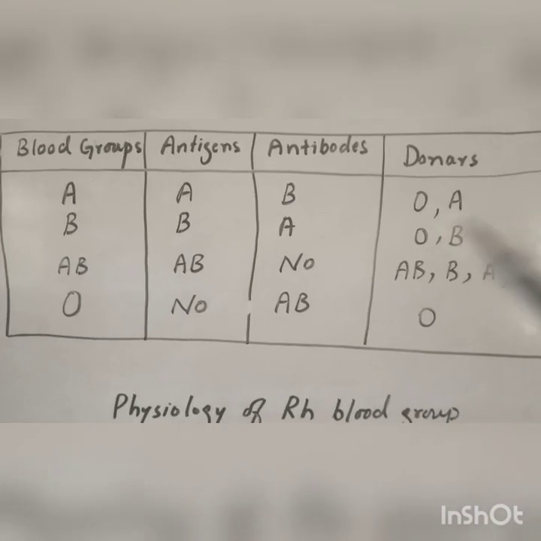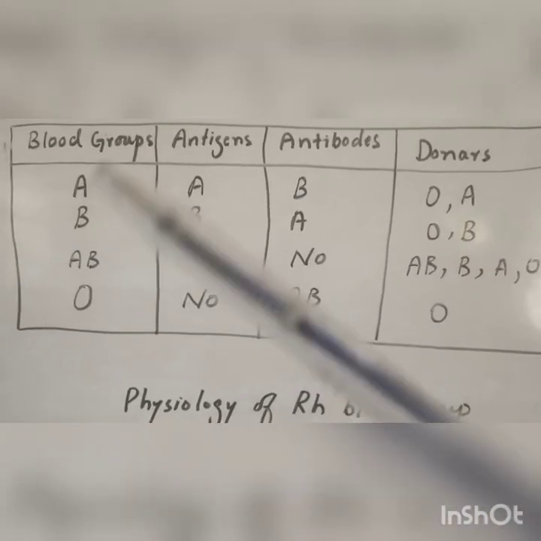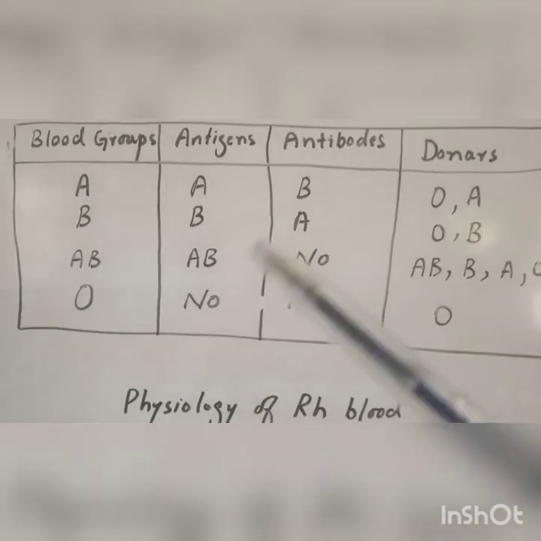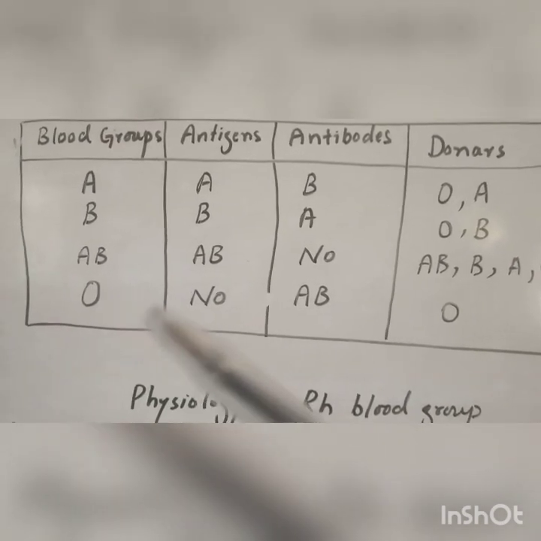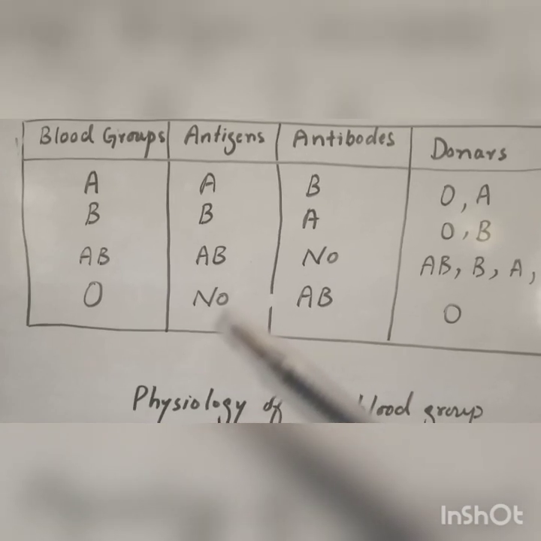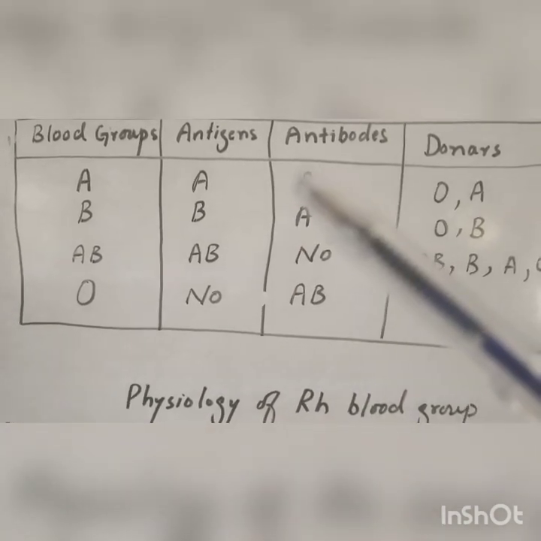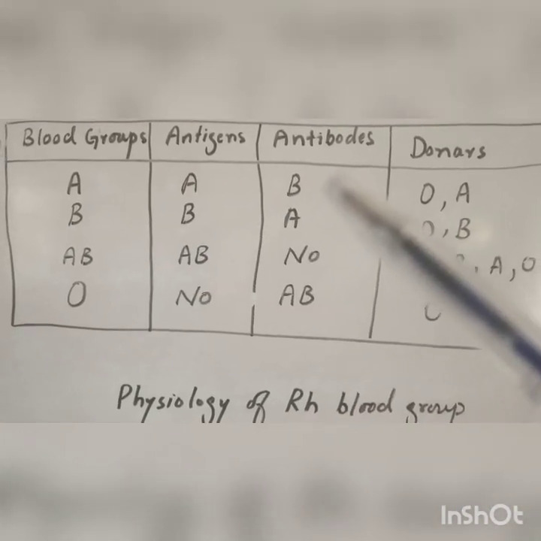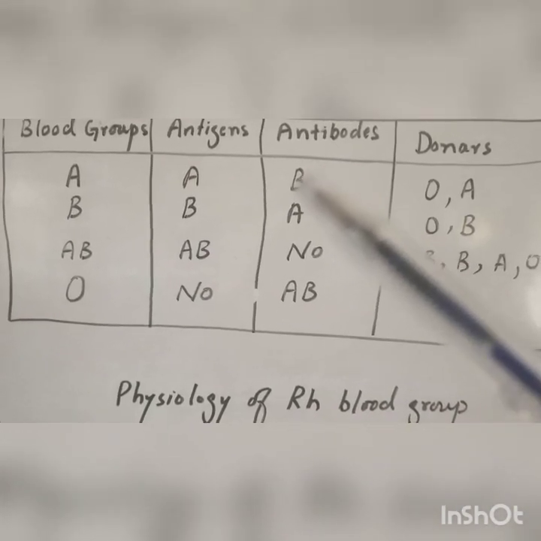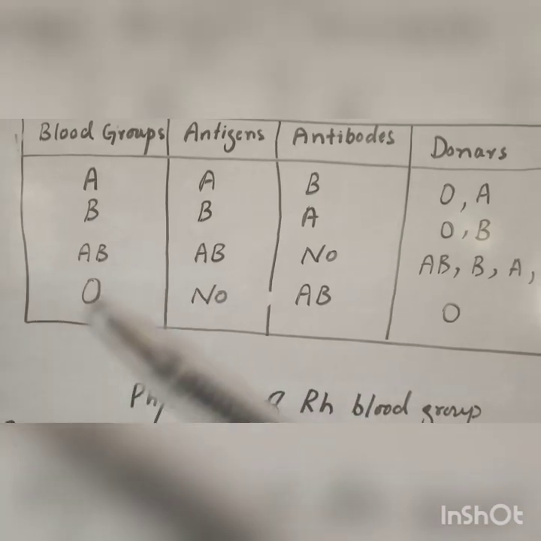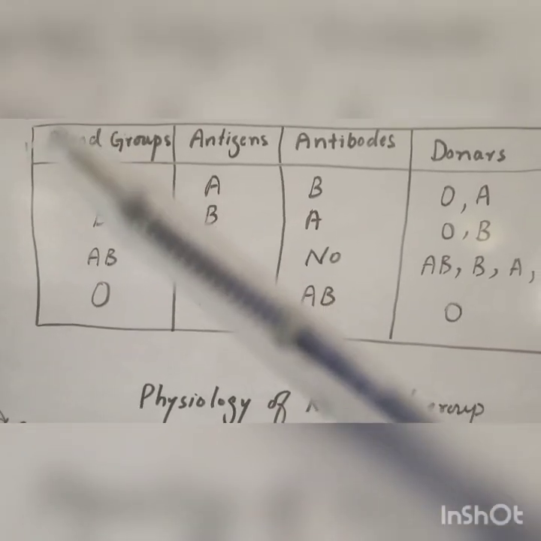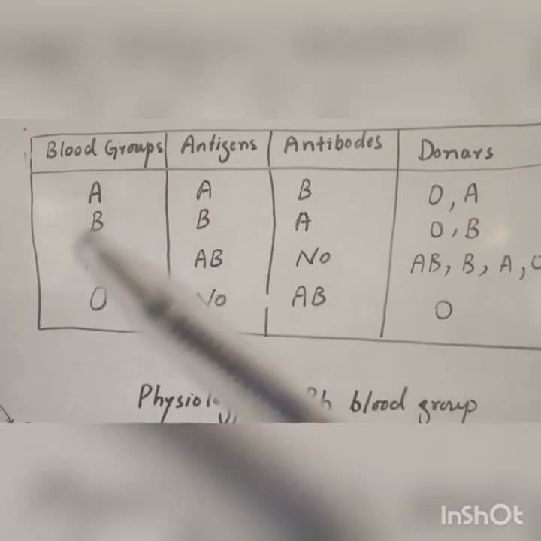So the donors for these groups are, for blood group A, the donors are O and A. Because blood group O has no antigen, it does not react with the antibody of blood group A, that is B. So blood group O is the donor for A as well as its own A group.